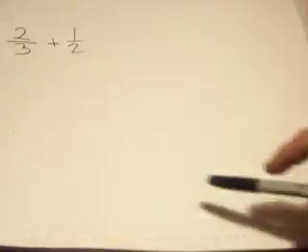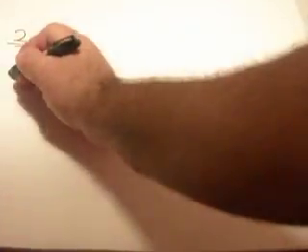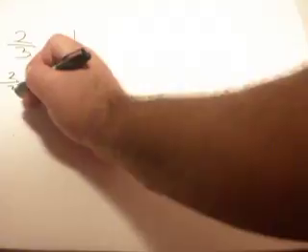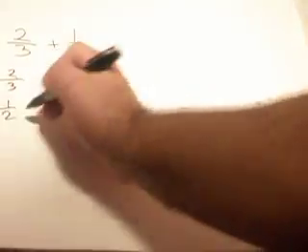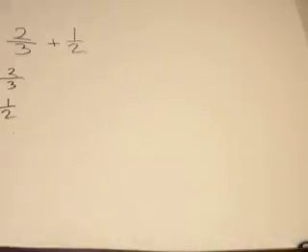Well, 3 is not a factor of 2 and 2 is not a factor of 3. So it's a little bit more tricky to find that. So again, I recommend you write them vertically, 2/3, 1/2, and you look at them and you say, well, one is not a factor of the other, and I'm looking for this common denominator. So when we have that situation, we go with what I call the nuclear option.